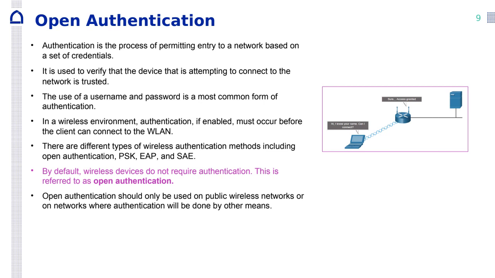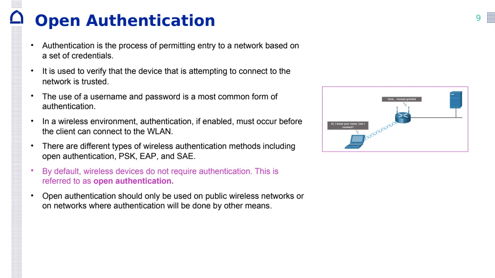In a wireless environment, authentication, if enabled, and it must be enabled, must occur before the client can connect to the WLAN. We have different types of authentication: PSK, EAP, and SAE. By default, wireless doesn't require authentication. Of course, you have to change that. Don't keep it as open authentication. You have to configure it.